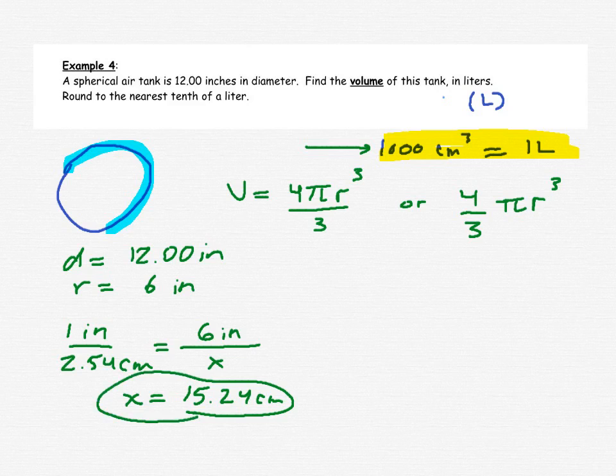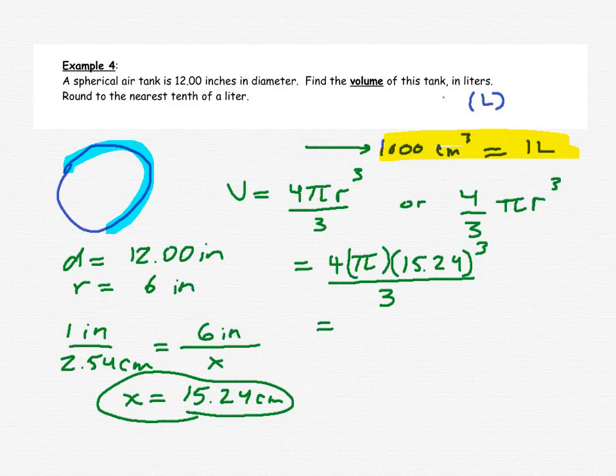To complete the problem, you fill into your formula 4 times the value of pi times the value of r, but you must cube the r first. So 15.24 times 15.24 times 15.24, multiply it by pi, multiply it by 4, and then divide it by 3.